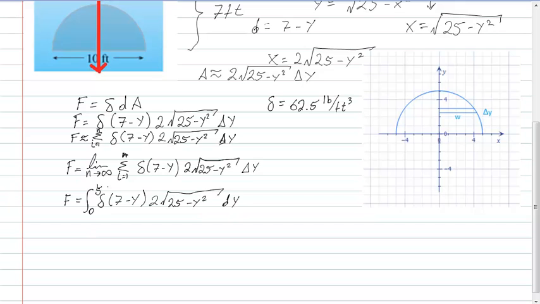Since 2 and delta are constants, we can move them out of the integrand, giving us force equals 2 times delta, the integral from 0 to 5 of (7 minus y) times the square root of 25 minus y squared dy.